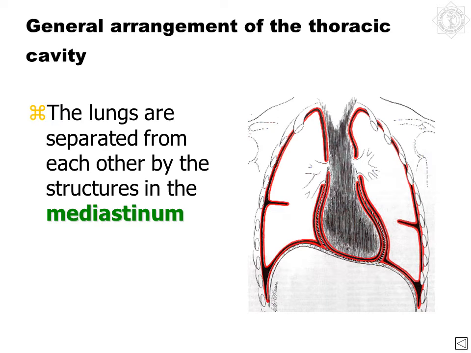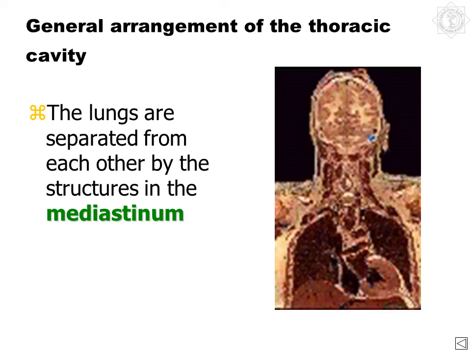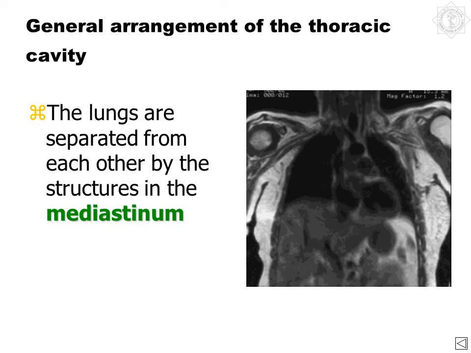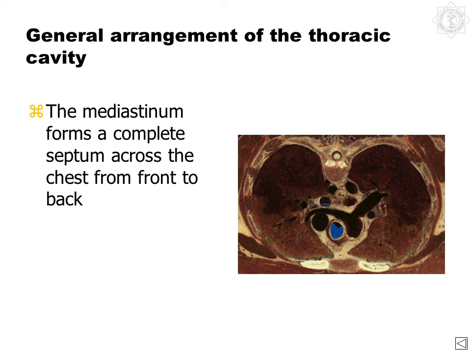The lungs are separated from each other by the mediastinum. This is a cross-section showing the separation, and this is the CT scan showing the separation of the mediastinum. This cross-section shows that the mediastinum of the thorax is covered anteriorly by the sternum and posteriorly by the body of the vertebrae.